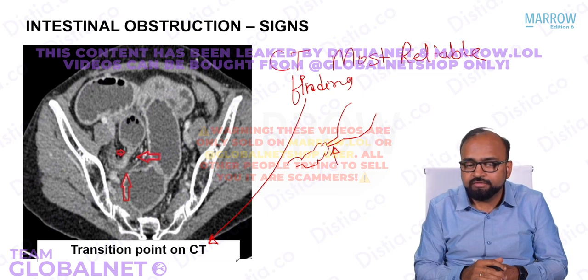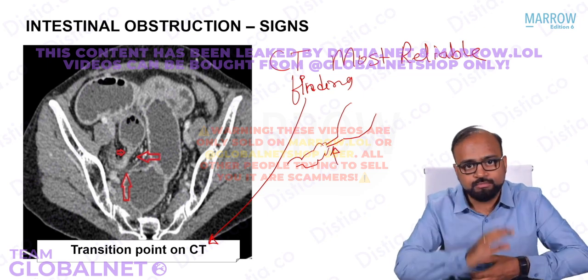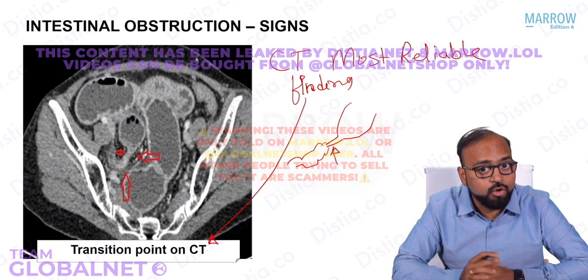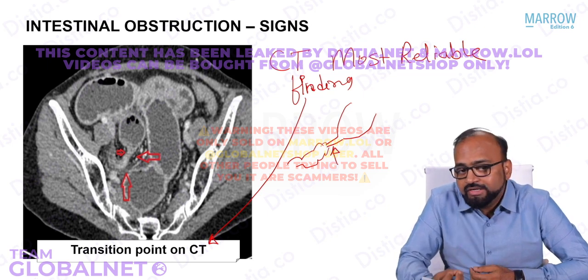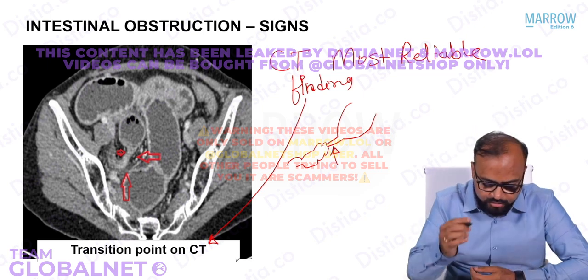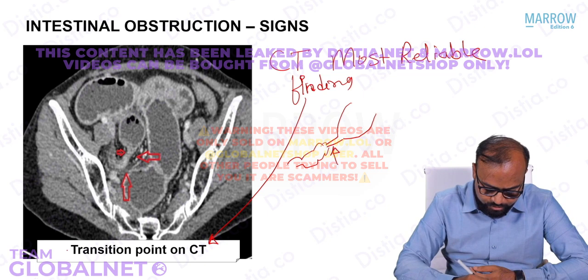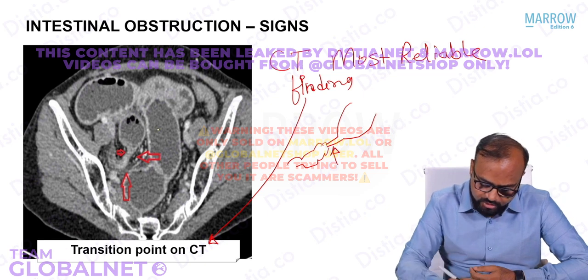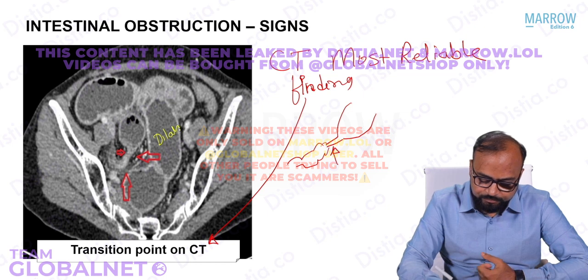On a CT, we always try and identify the transition point because that tells us something about the cause. If you don't identify anything structurally abnormal at that site, we say that probably there is an adhesion there which causes that particular obstruction. In this particular CT image, you see that all these bowel loops are dilated and there is one dilated loop here.